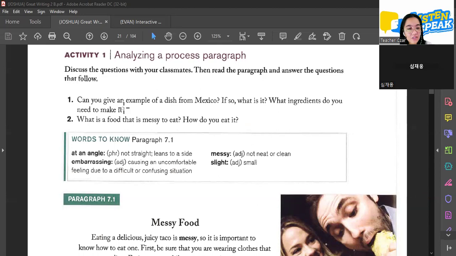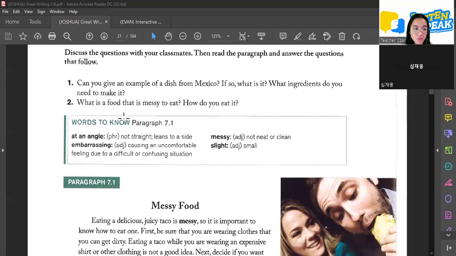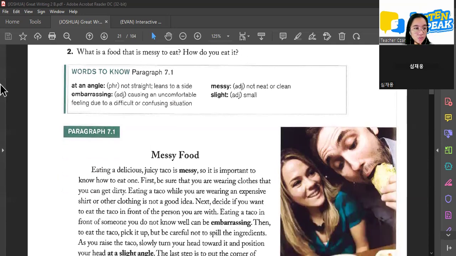Now, let's try to have the next one. Here in paragraph 7.1, you will be having 4 words. The first word is "at an angle." What is at an angle? At an angle, a straight lean to a side. Okay, very good. So not straight, leans to a side.